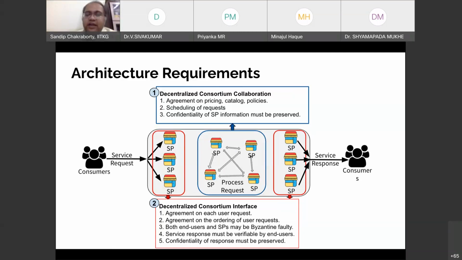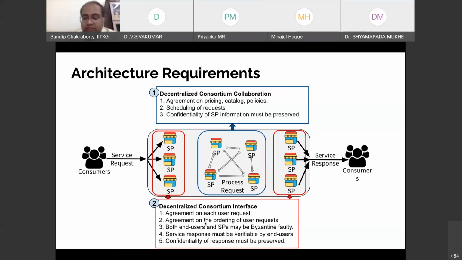It will schedule the requests coming from the consumers, and it will preserve the confidentiality of the service providers' information. At the same time, I need a decentralized consortium interface which can provide an agreement on each user request, and on the ordering of the user requests, that is, in which order the requests came.